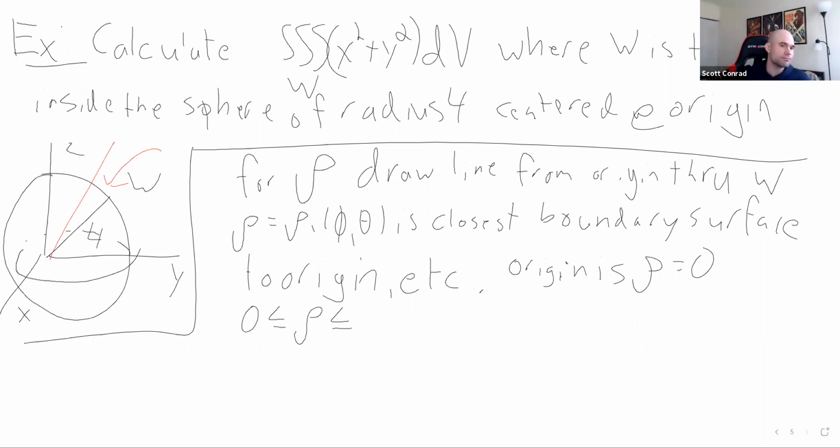R is in cylindrical, but in spherical it's rho. R-H-O, if you wanted to write it out, or you could just write p in there and I know what you mean. So the outer boundary surface is rho equals 4. So rho is bounded below by 0 and above by 4.